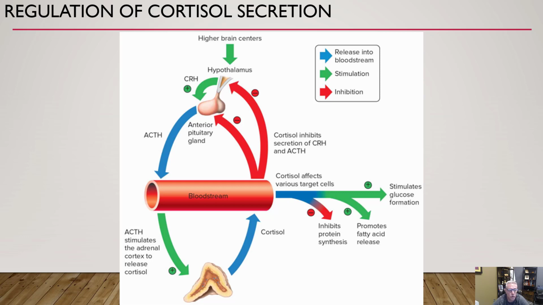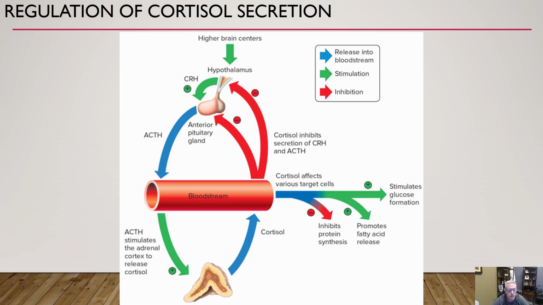And cortisol affects various target cells. It can stimulate the production of glucose from non-carbohydrates. It can promote fatty acid release. It can inhibit protein synthesis, and cortisol inhibits the secretion of CRH and ACTH. Remember, it's a negative feedback loop.